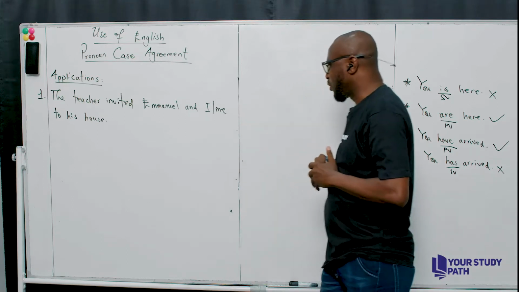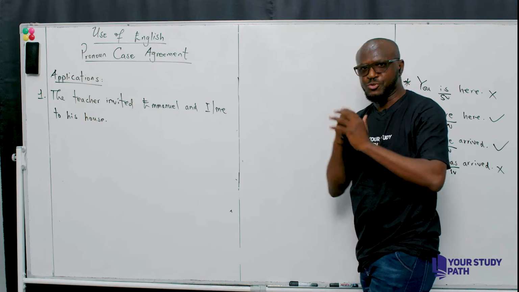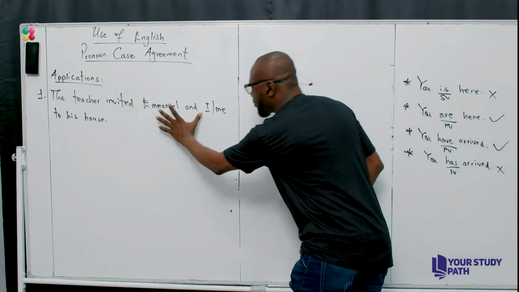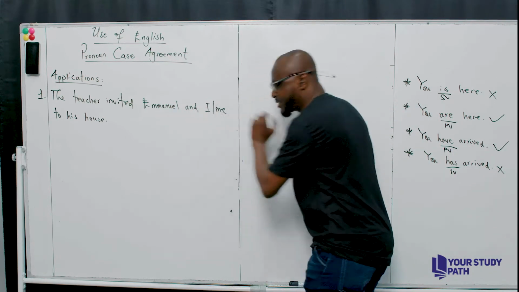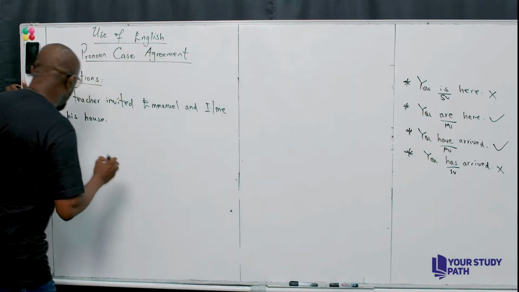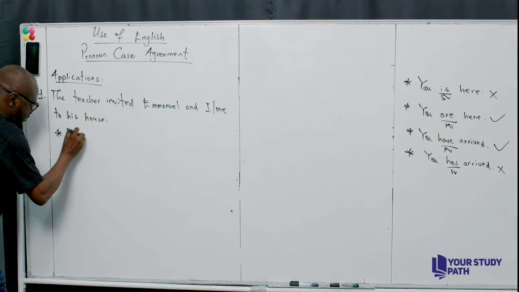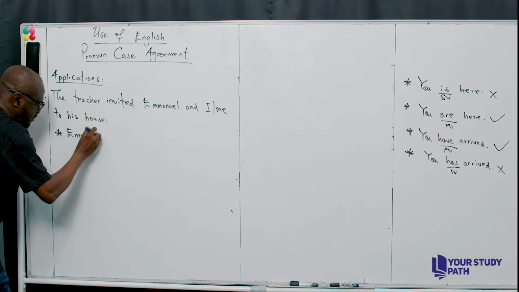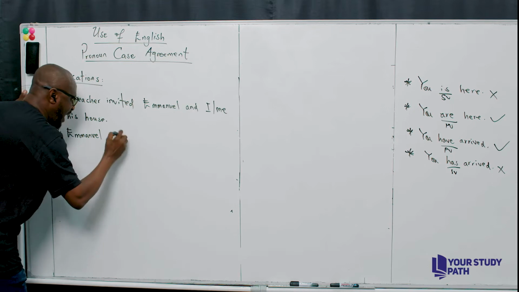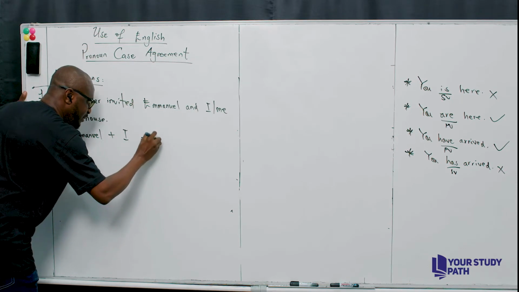Now let's see how we can go. Let's detach into two. Let's start with these two, then with the next two. Now, if I have Emmanuel plus I, it gives us we.